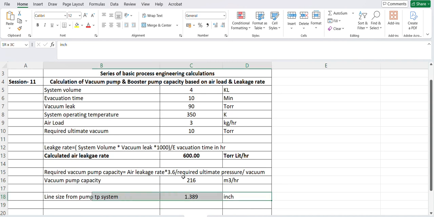This is the line size required from the system to the pump for this capacity of vacuum pump.